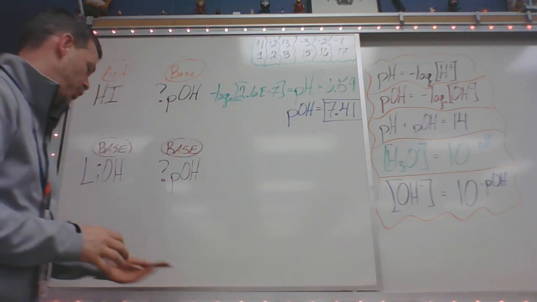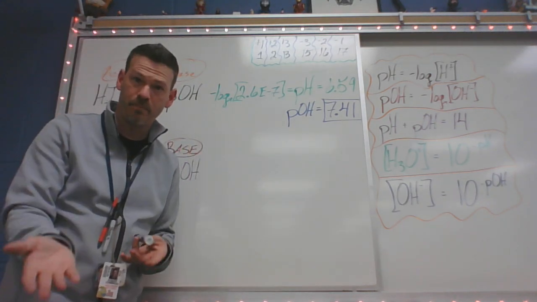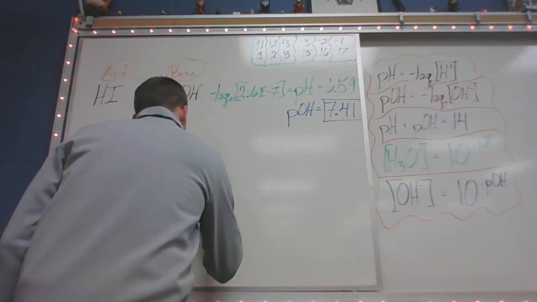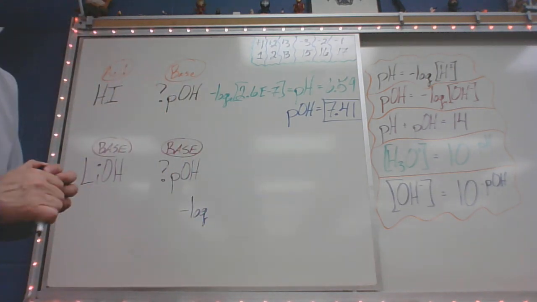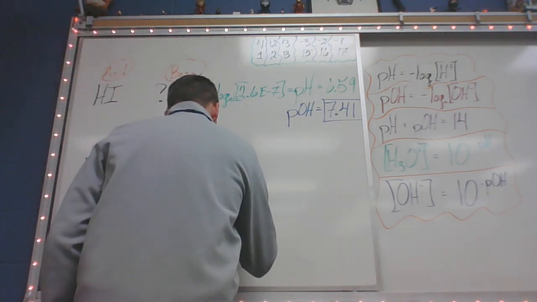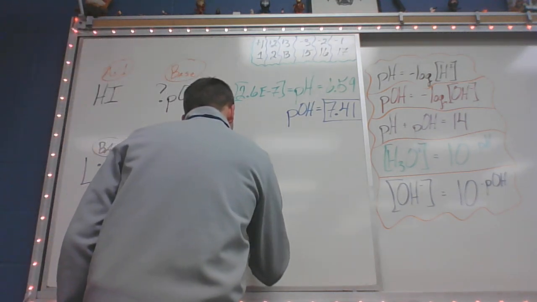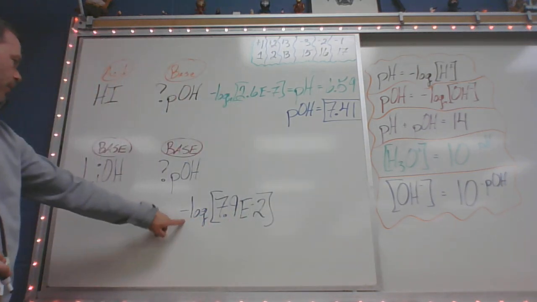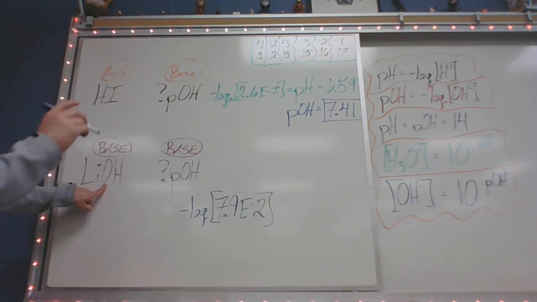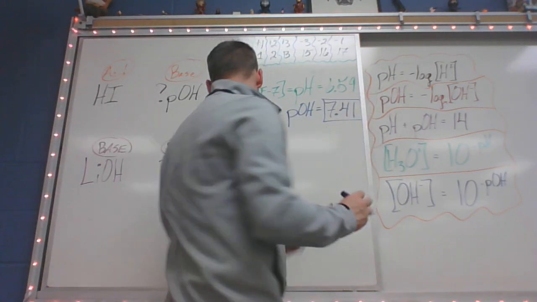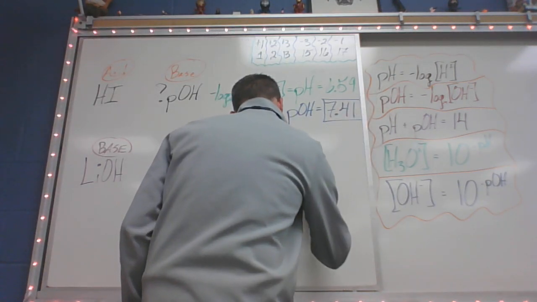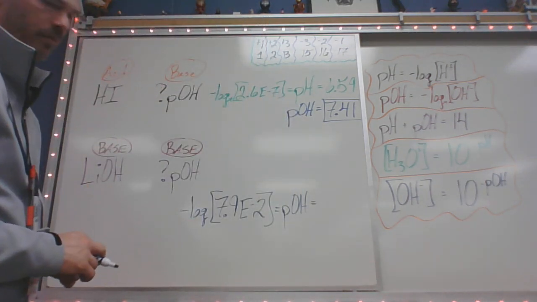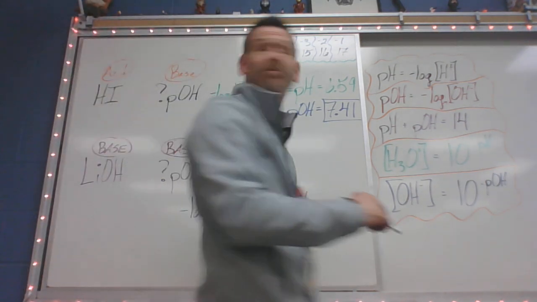And if they match, then it's just a one-step problem: just negative log of the given concentration, 7.9 E negative 2. That's the molarity. I'm taking the negative log of a base, which means it will spit out pOH of 1.10.